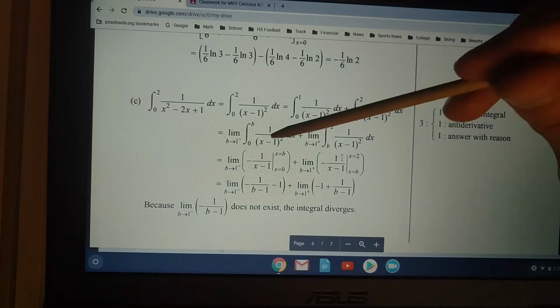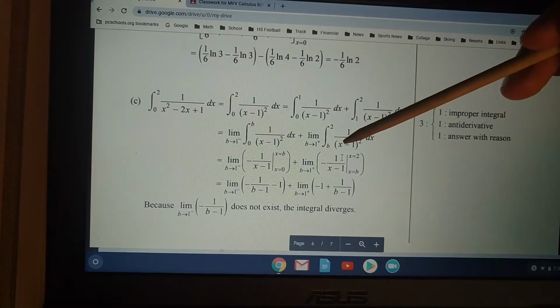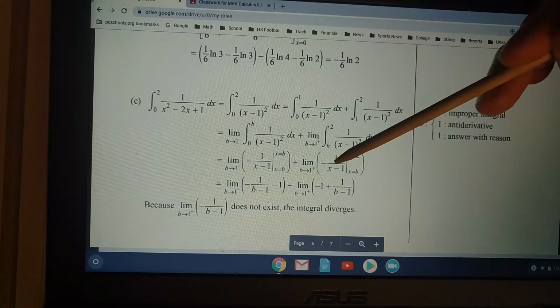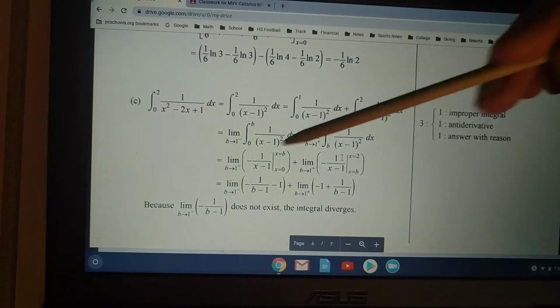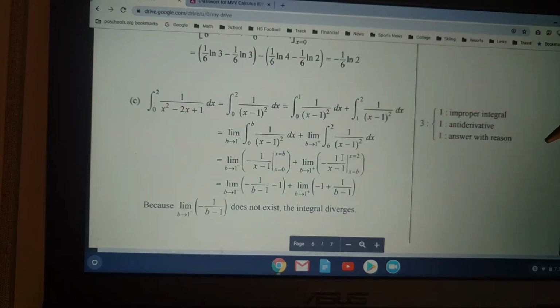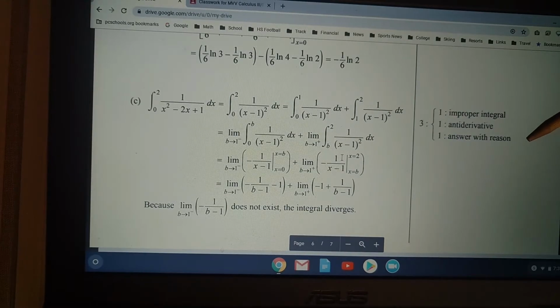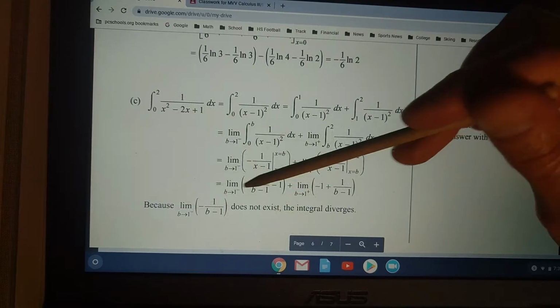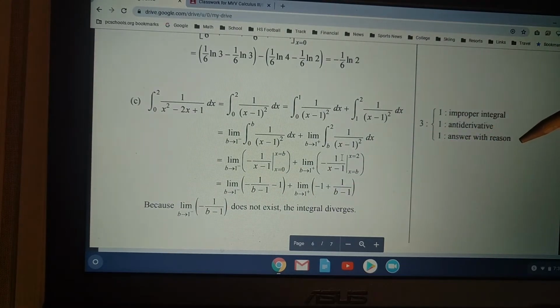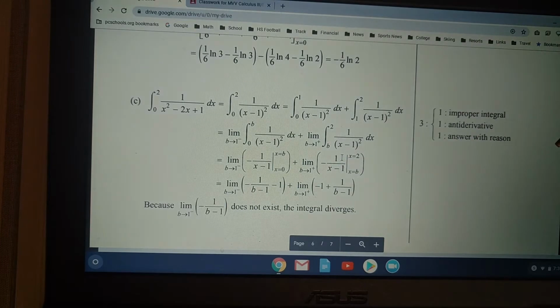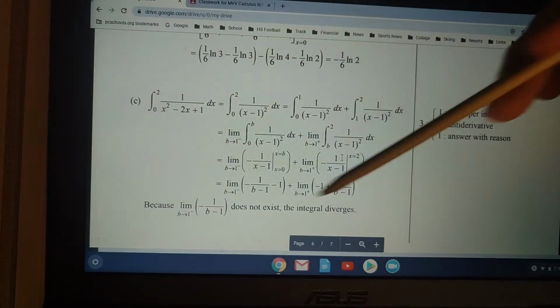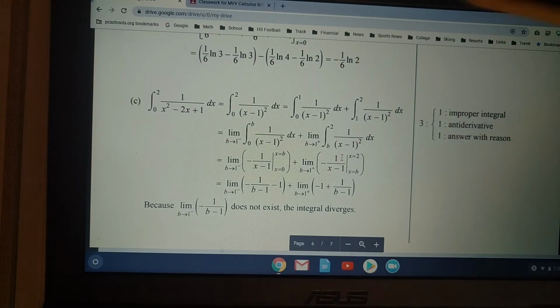If you then anti-differentiate each one of these correctly, that's this one and this one here, which is essentially the same antiderivative because it's the same function, if you get that antiderivative correct, you get another point. And then if you evaluate correctly, plug in your antiderivative, evaluate the limit, we see that because that limit as b goes to 1 from the left does not exist, the integral diverges.